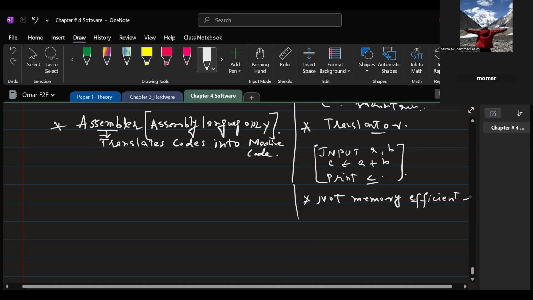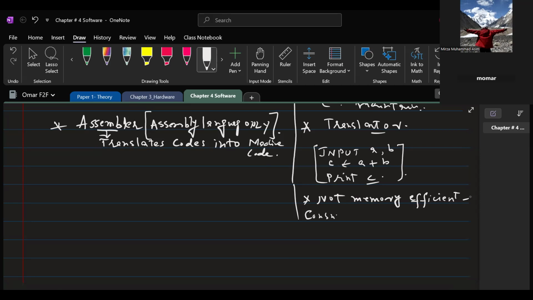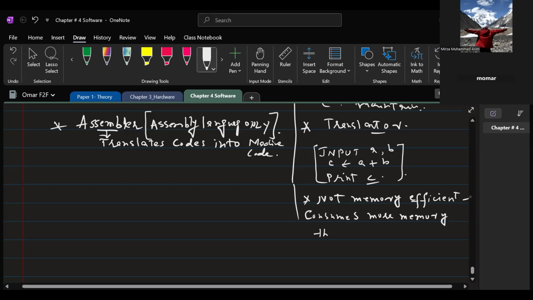It consumes more memory than low level languages.